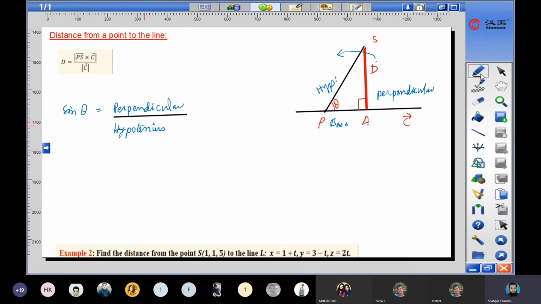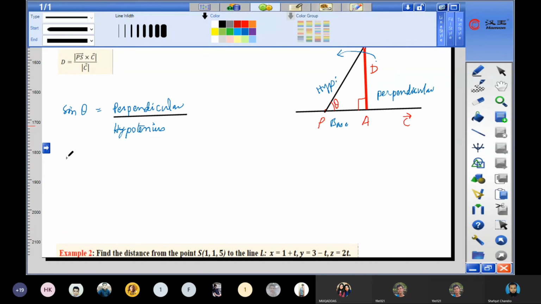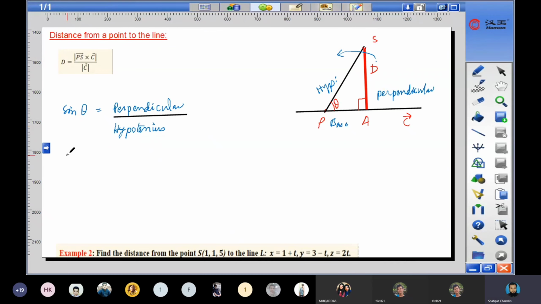So we can rewrite this in this way, that sine theta is equal to the length of this line segment AC divided by the length of the side PS.